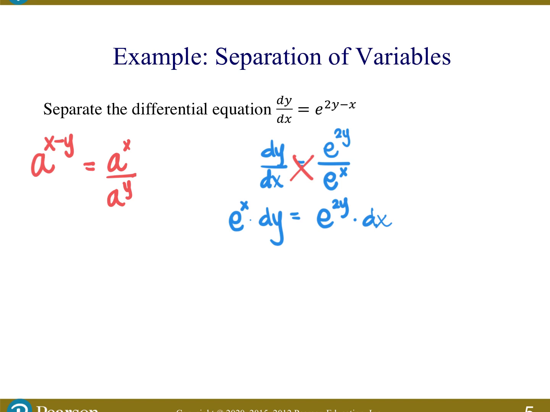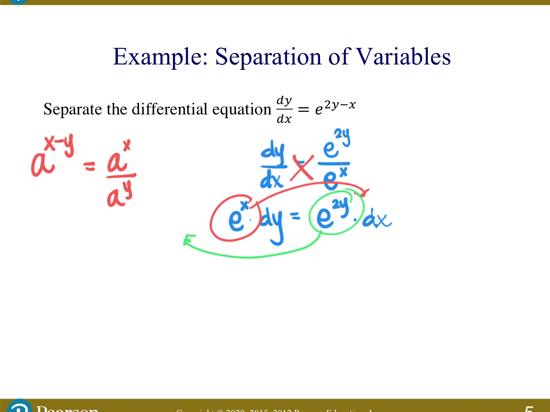However, the right things are on the wrong side. I need to have one side that's all x terms and one side that is all y terms. So I need to move this one over to the x side, and I need to take e to the 2y and move it over to the right side.